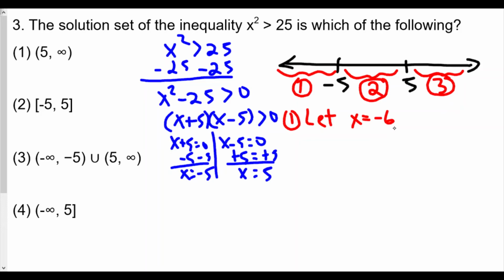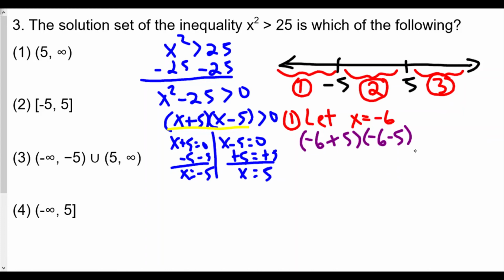So we'll plug that into our expression, x plus 5 times x minus 5, and see what we get. We don't really care about the numerical value, just the sign. So we plug in negative 6 for x: negative 6 plus 5 times negative 6 minus 5.